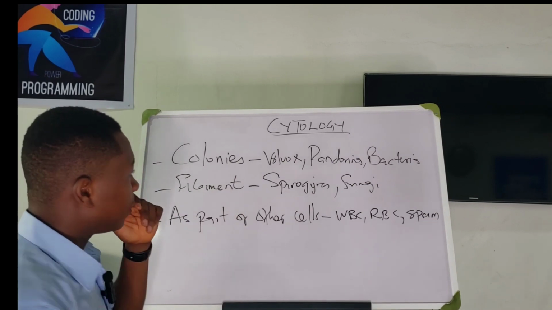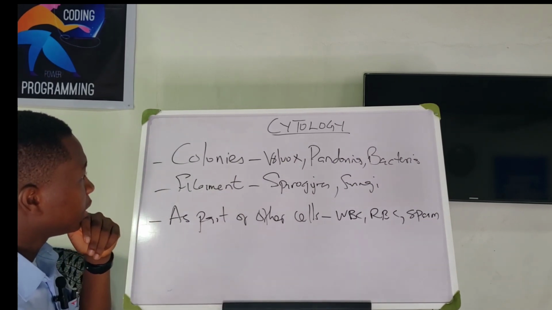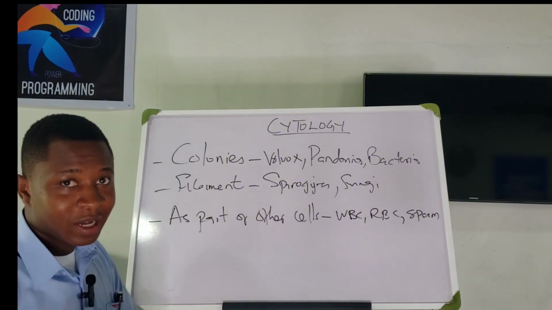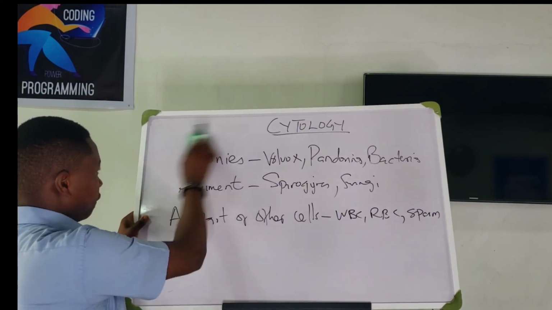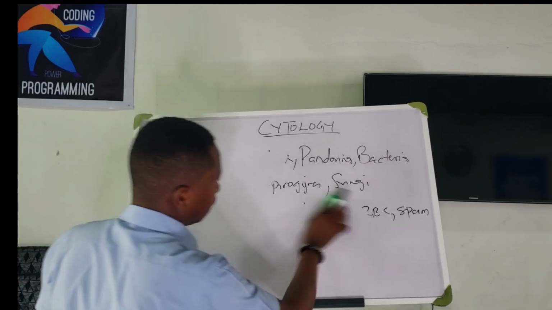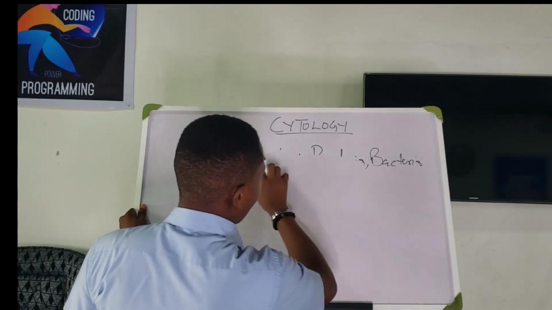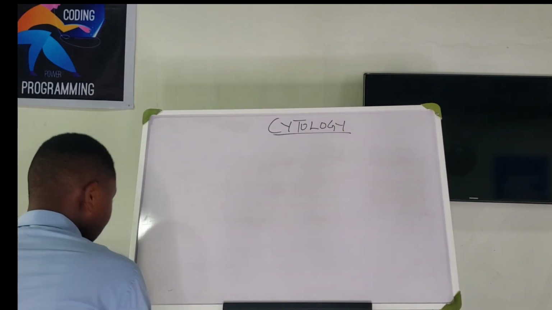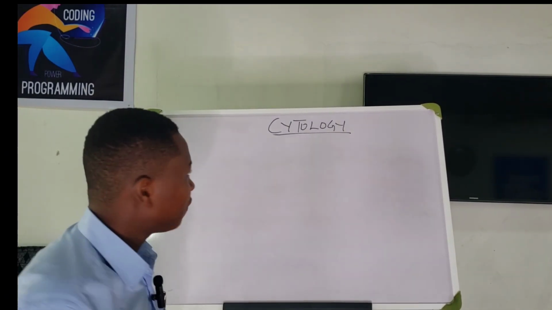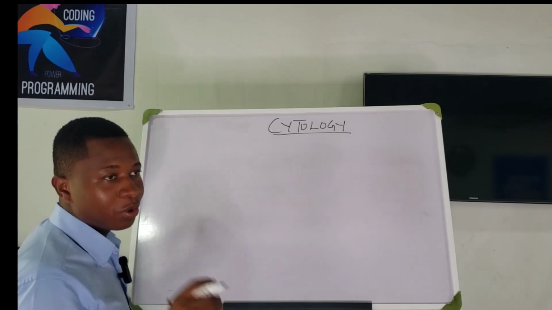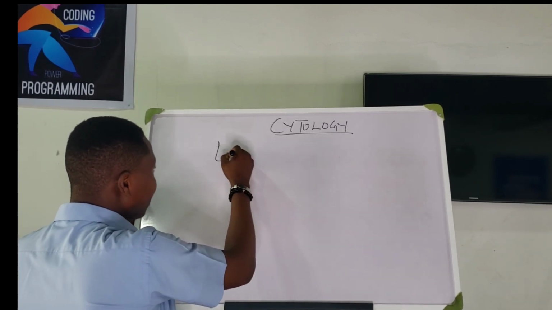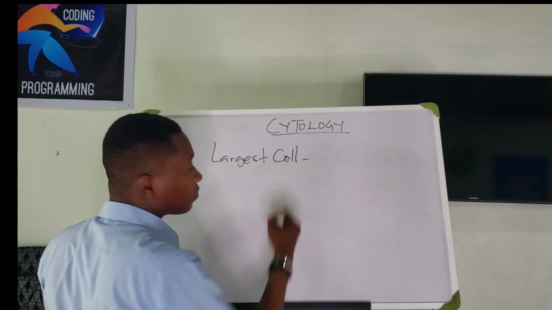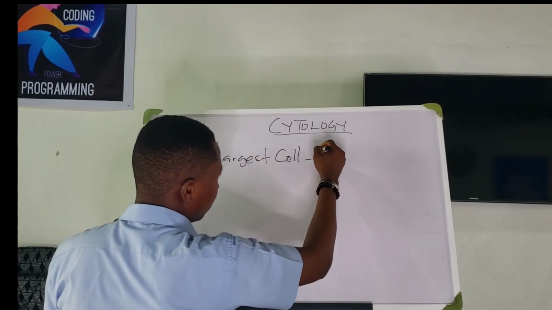We are going to look at the fun facts for today. That's what I'm going to end the class with. The first fun fact for today is, do you know that the largest cell is that of an egg of the ostrich?